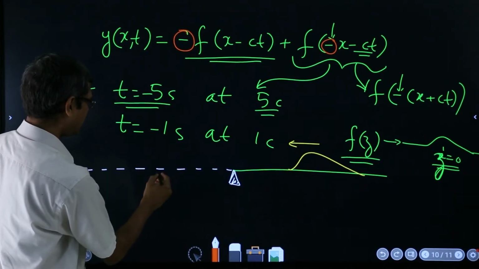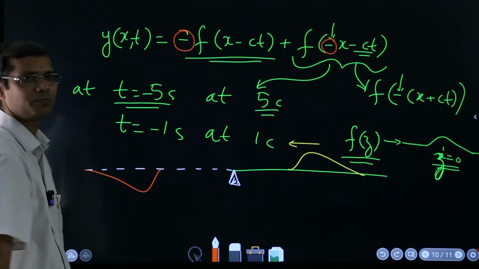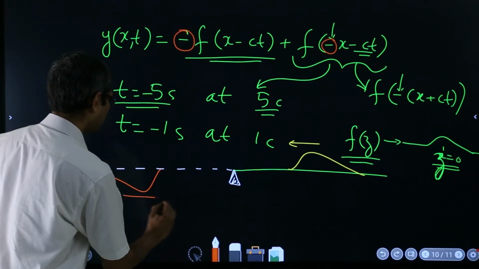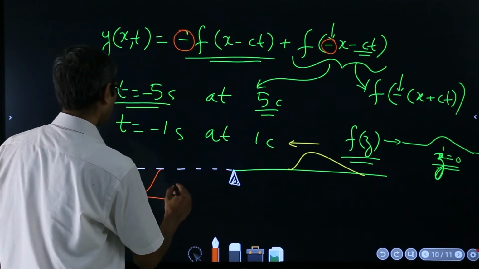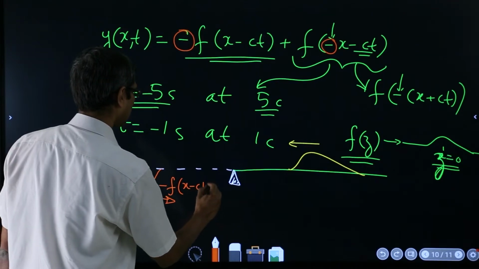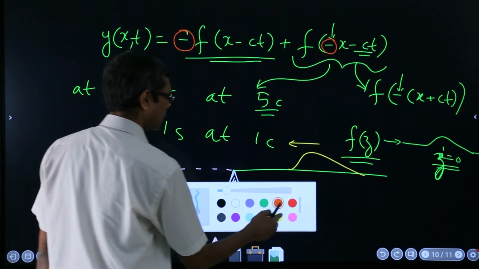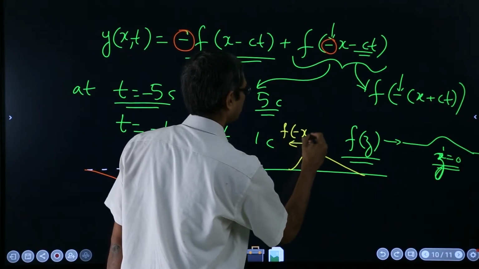So exactly the same distance, and something like that. And this moves like this. So this one is minus f of x minus ct, and this one is plus f of minus x minus ct.